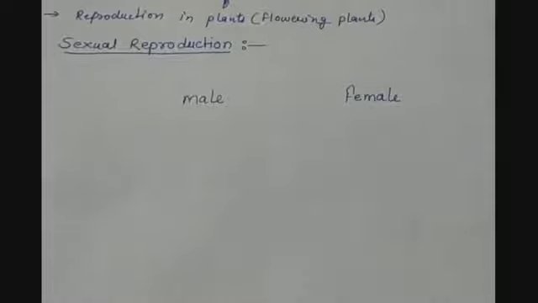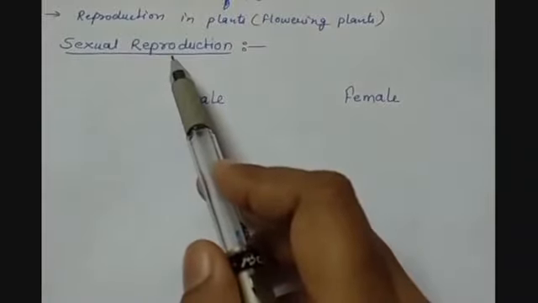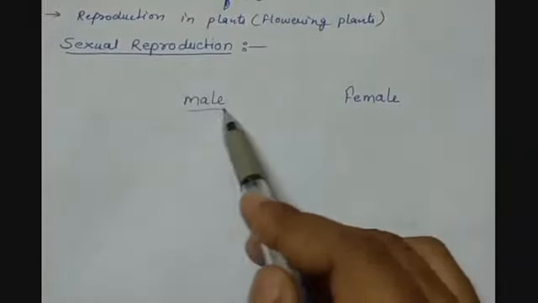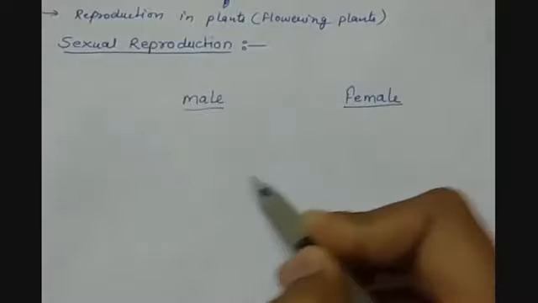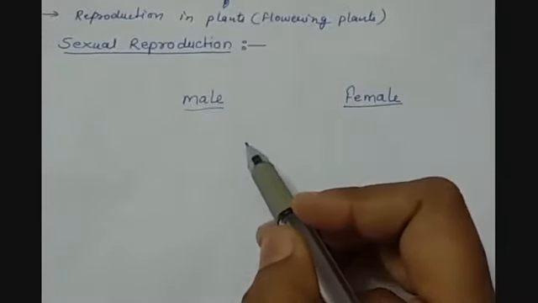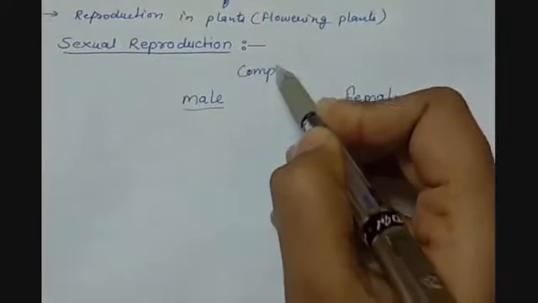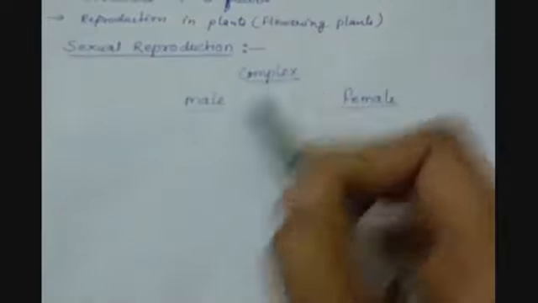What is sexual reproduction? Sexual reproduction is a mode of reproduction in which two parents are involved, one male and one female. As we know, sexual reproduction takes place in complex multicellular organisms.